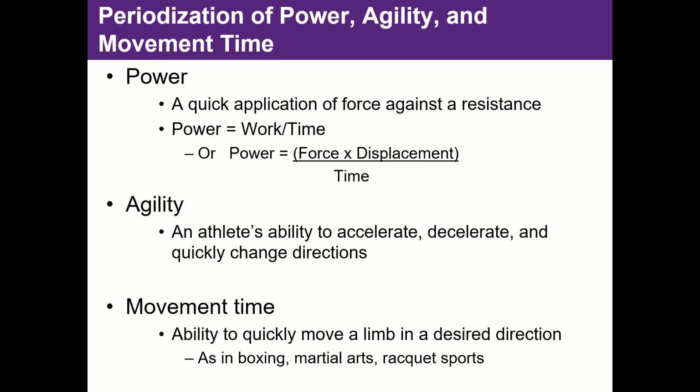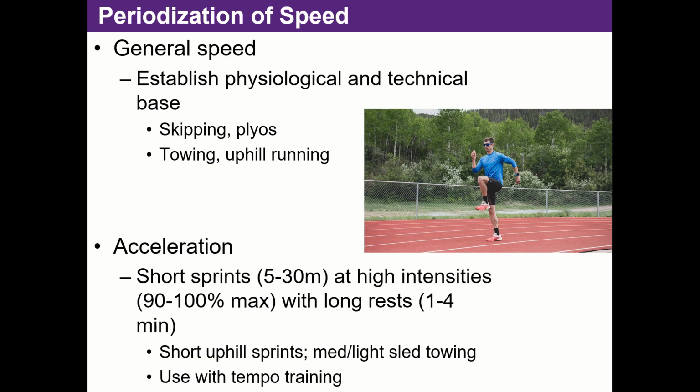Because they can lift double body weight, they're going to be able to better control their body weight during change of direction, which is what agility relates to. So agility is dependent upon muscular strength. The better you can handle your body weight, the more agile you're going to be, the easier it's going to be to change direction. And then movement time is being able to move a limb quickly, so punching in boxing, kicking in martial arts, or serving in racket sports.